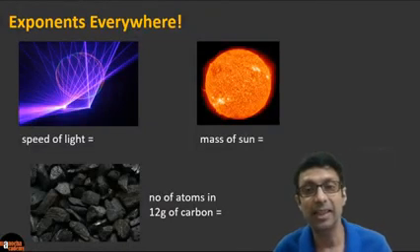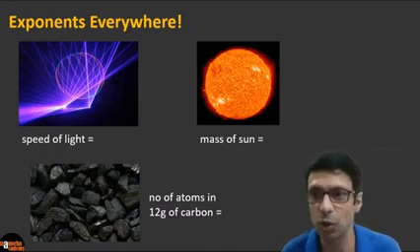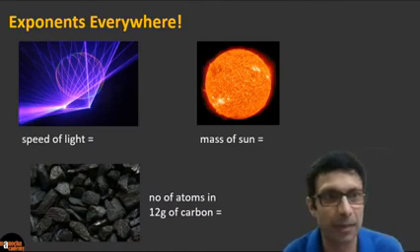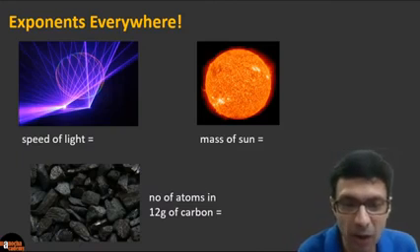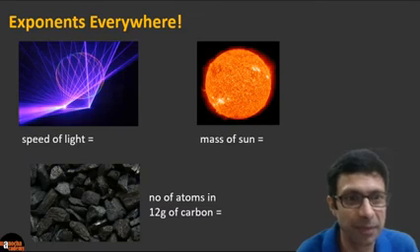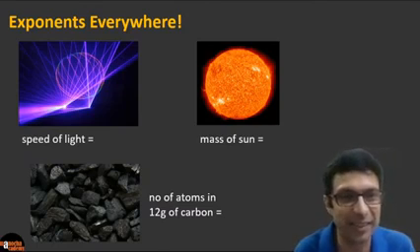So guys, can you tell me what is the speed of light? And you'll realize that you're using exponents all around. So come on, I want all of you to try. Who can tell me what is the speed of light here?